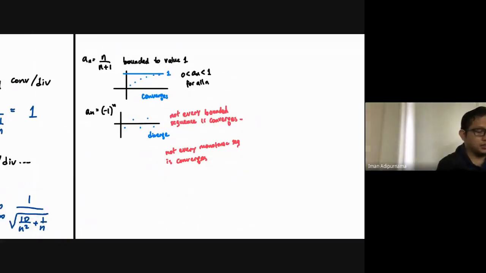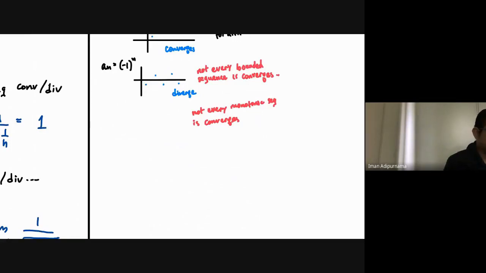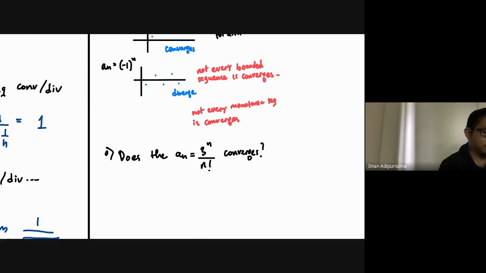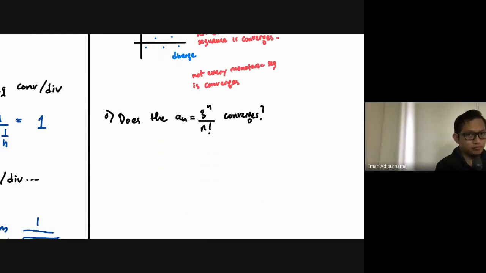Let me give you another example. Does the sequence a_n equal 3 to the power of n over n factorial converge?